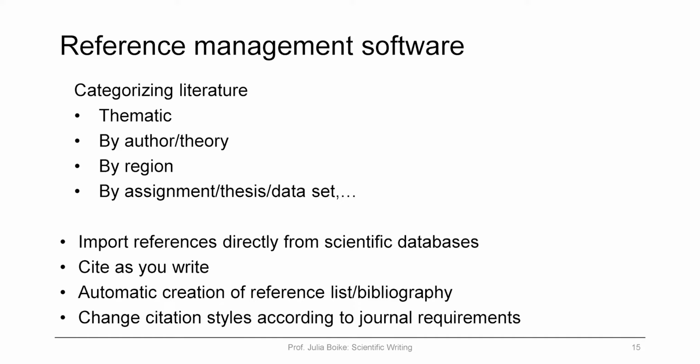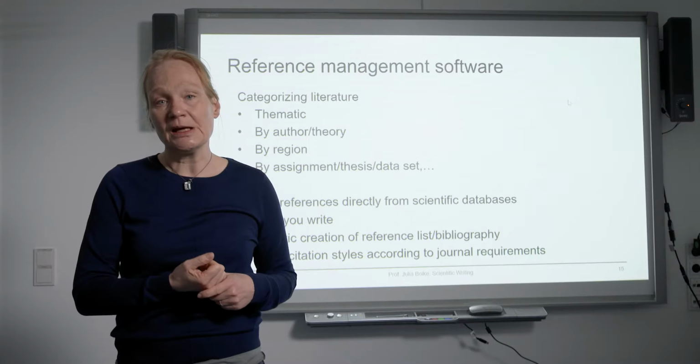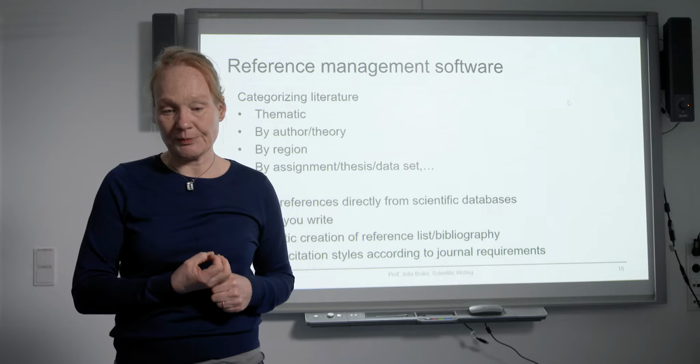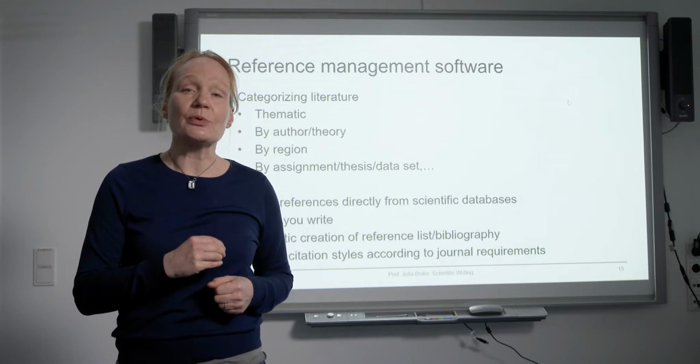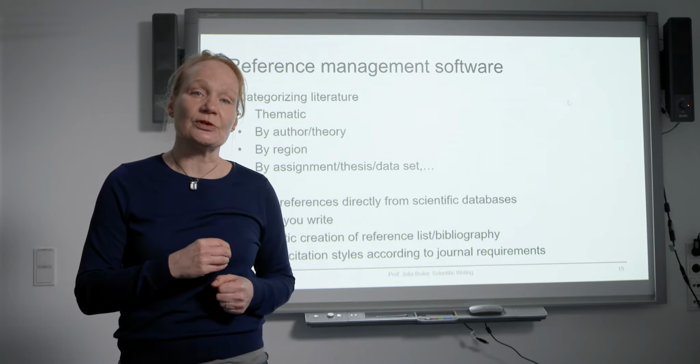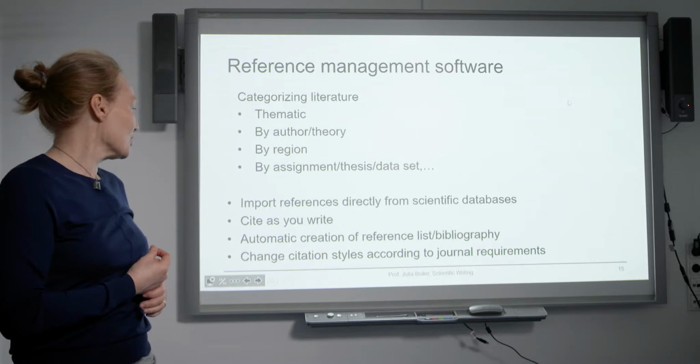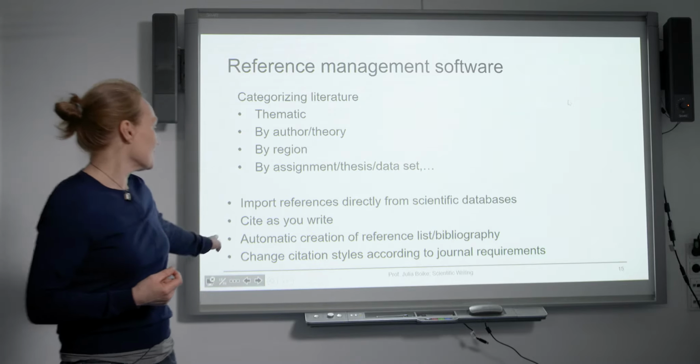The benefit of this software is that you can import new references directly from these online databases. For example, I showed you Scopus or the Web of Science. So you import these new papers directly into your database with all the information that's required. Then you can cite as you write.